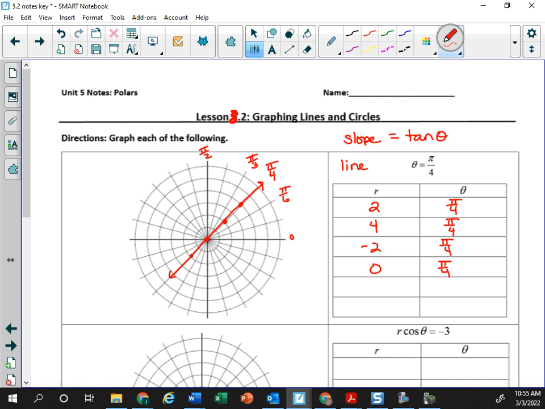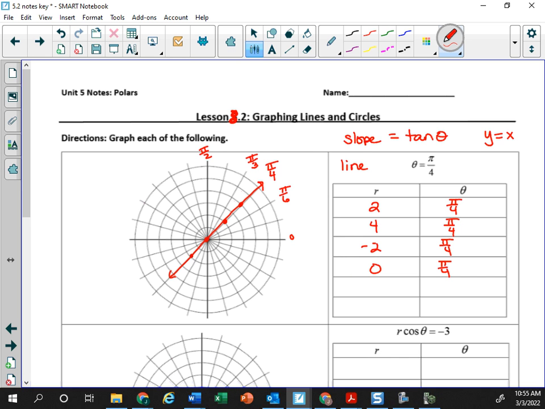So if you had to convert it to rectangular, hopefully you could look at that and just go, oh, that's y equals x. A big part of this unit at the end is just being able to look at the equation and recognize what the graph is. You're not going to be making a little r theta chart every time for these. You're going to look at that equation and go, oh, that's a line, and be able to graph it.